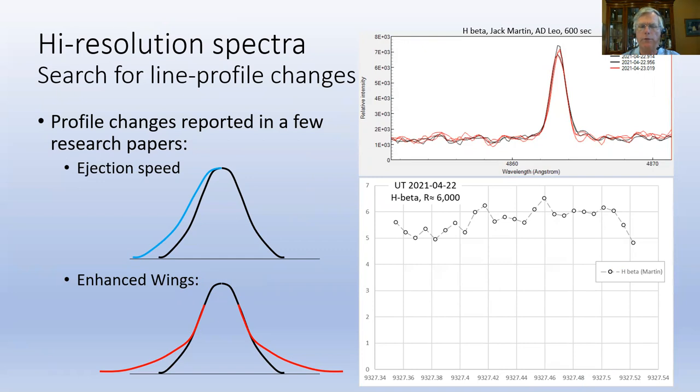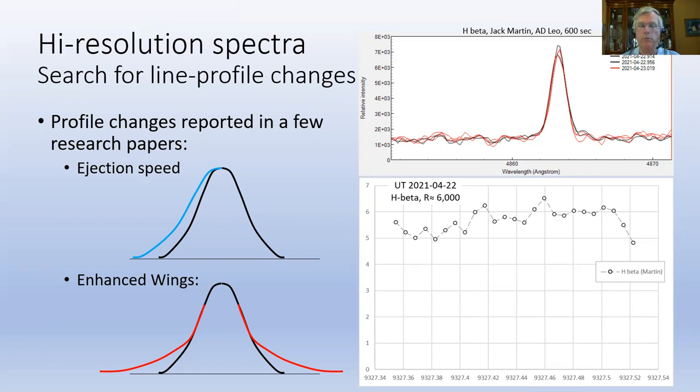As far as I can tell, no unambiguous coronal mass ejection has ever been reported on AD Leo. Researchers have reported line profile changes during a flare, particularly enhanced wings in the emission lines. That leads to little or no change in the full width half maximum, but a noticeable increase in full width at 10% flux, for example.